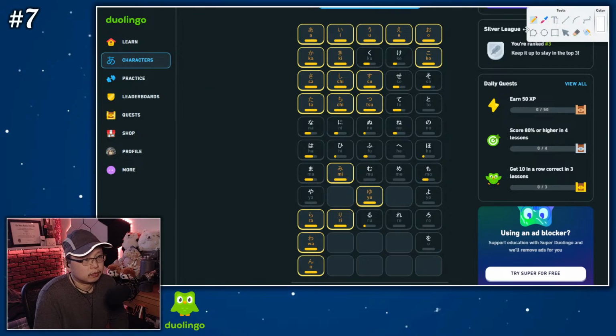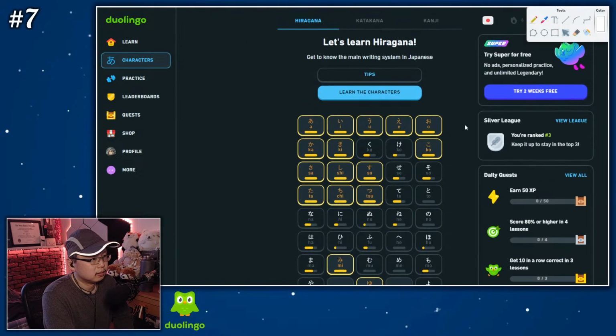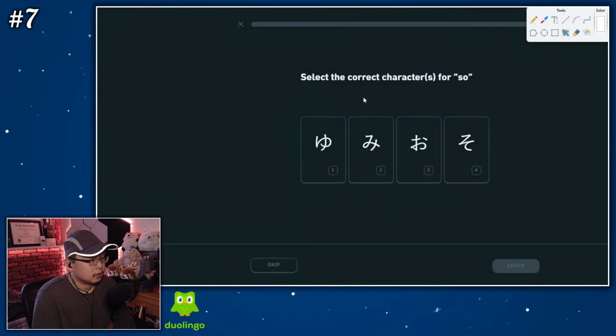So we'll start off with hiragana. It's really cathartic and rewarding. Okay, let's head right in. So let's practice. So this is yu, me, o.